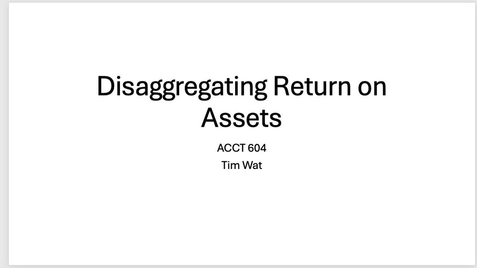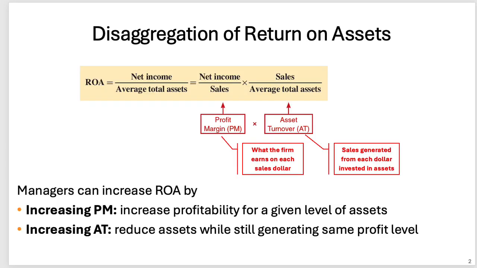And you can see here what we're really looking at in this deck is a closer look at what we've already quickly described, and that is that return on assets can be immediately disaggregated into profit margin and asset turnover.